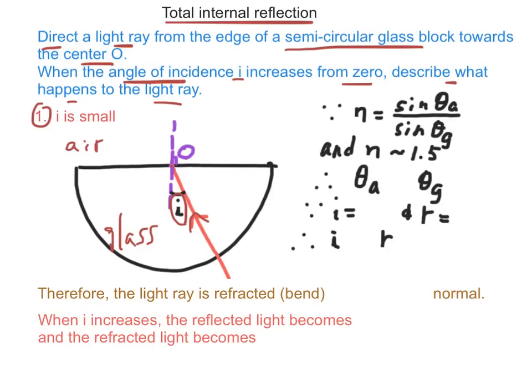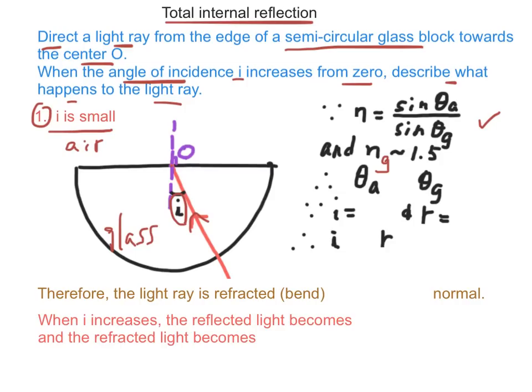First, when I is small, because n equal to sine theta A over sine theta G, and n, refractive index of glass, is about 1.5.